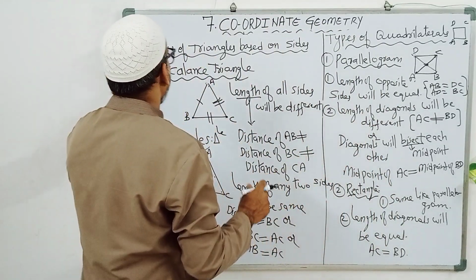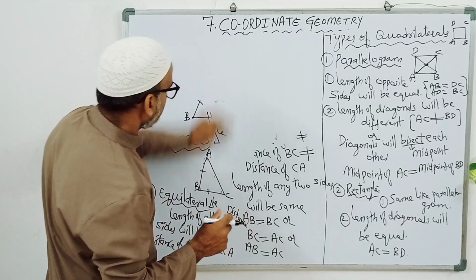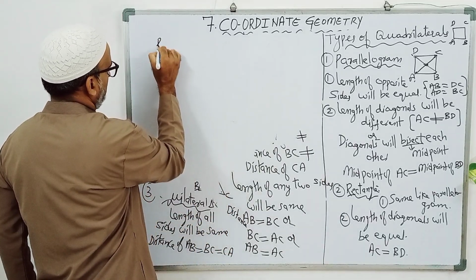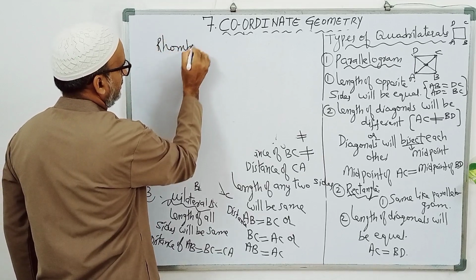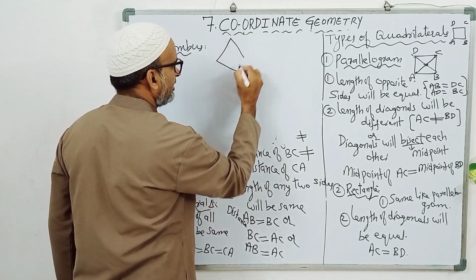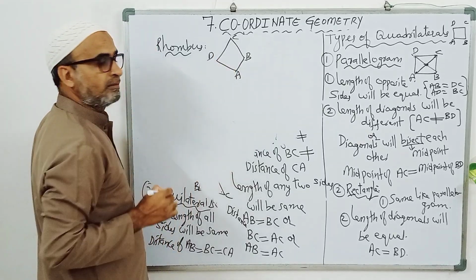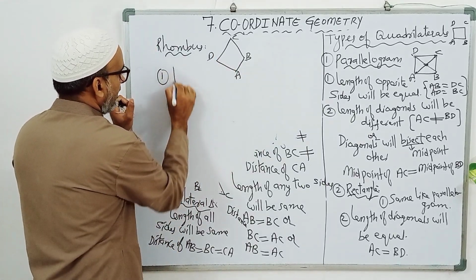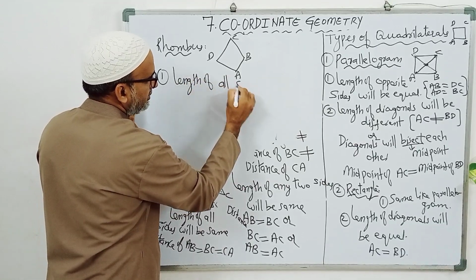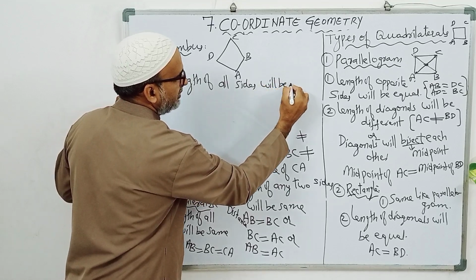Next type is rhombus. What does rhombus mean? Again a four-line-segment diagram, A, B, C, D. Rhombus means first point, the length of all sides will be the same, will be equal.